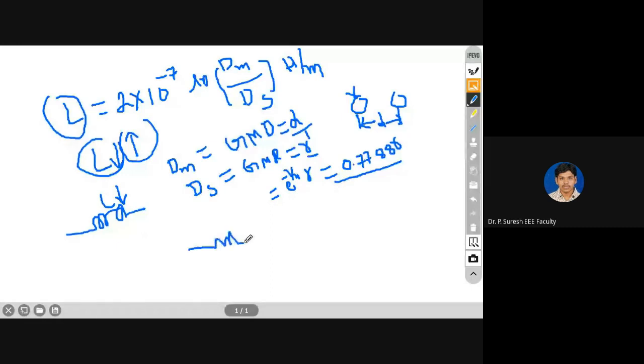We have a resistance, inductance, as well as capacitance. The performance of the transmission line means we need to estimate the regulation and efficiency of the transmission line. This is the sending end voltage, this is the receiving end voltage, this is the resistance, this is the reactance. Let us take this as the inductance, XL equal to omega L.